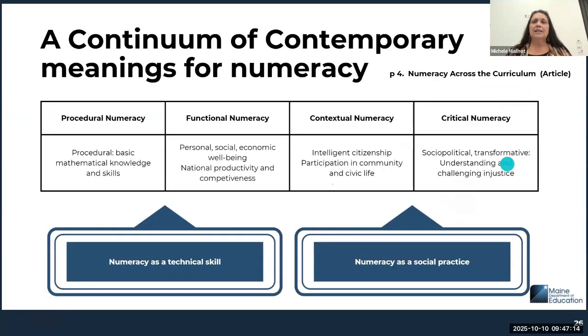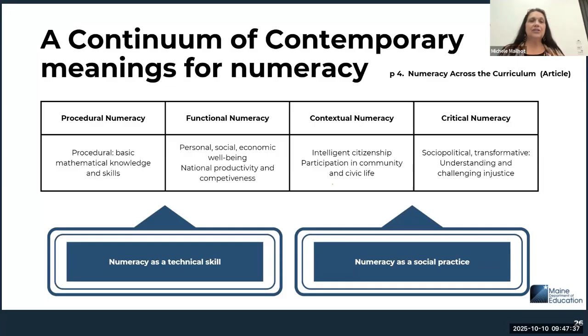So I want us to consider, and this comes from the article that I shared that I was using to help develop this research, this continuum of contemporary meanings of numeracy. So we think about procedural numeracy. This is those basic mathematical knowledge and skills.